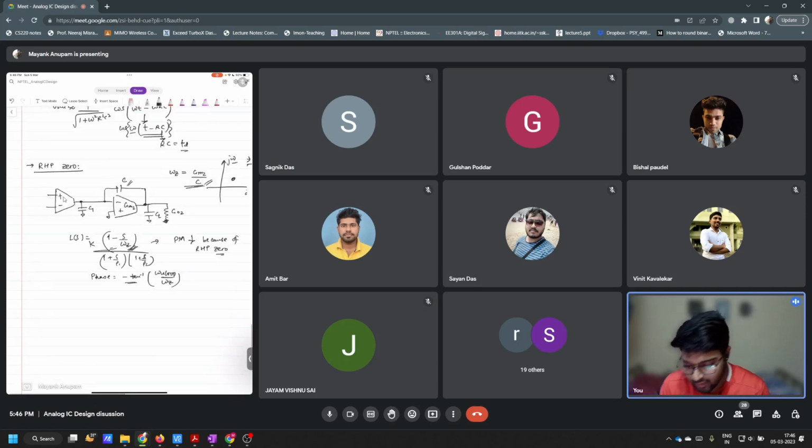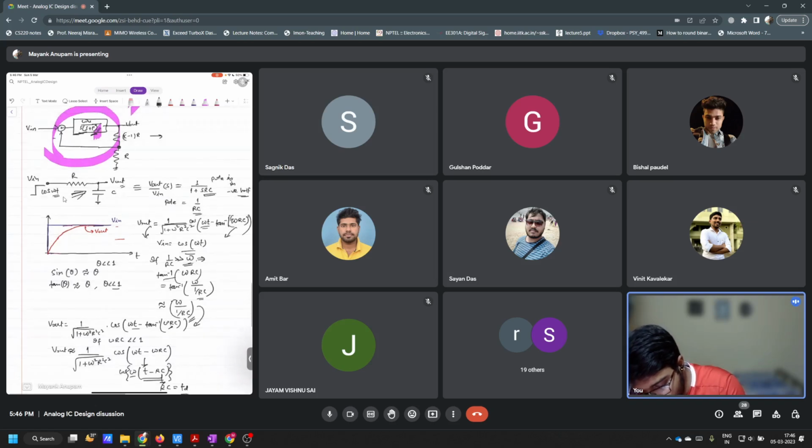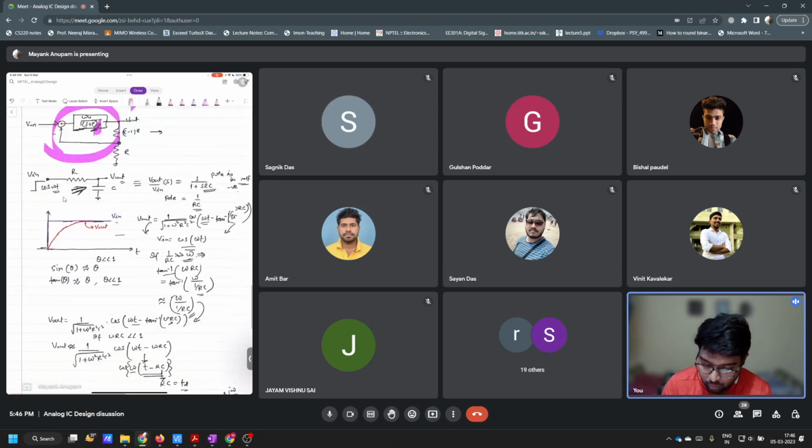Like here we understood that there is a pole in the system, and you can clearly see the effect of this pole when you apply a unit step. When you apply an input as unit step, you can clearly see that the output takes some time to settle, right? Yes. From this you can understand that the pole is adding some delay.